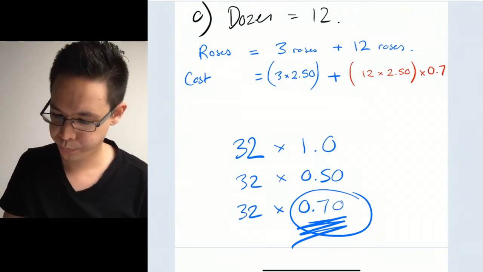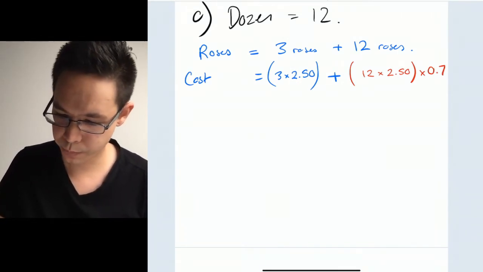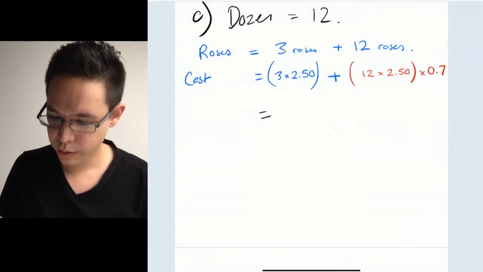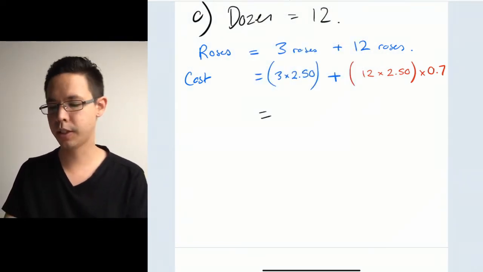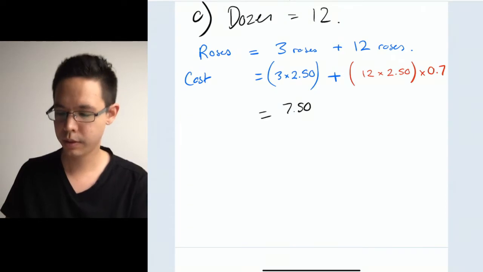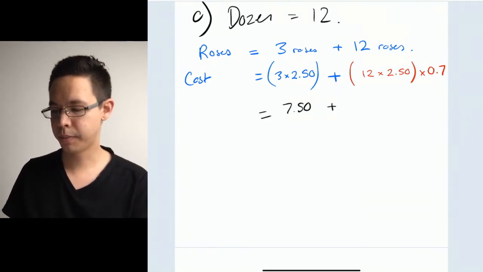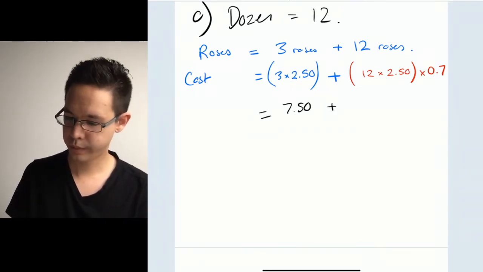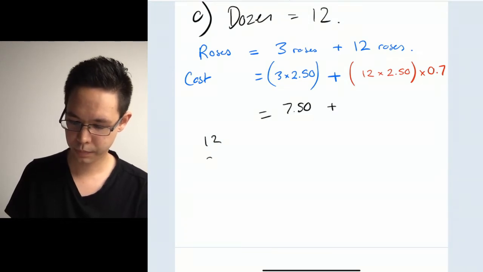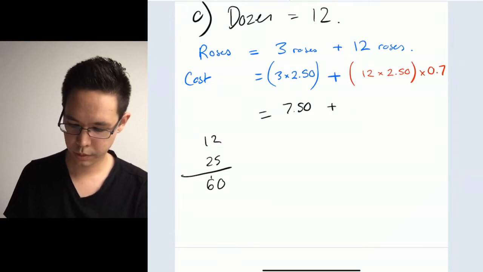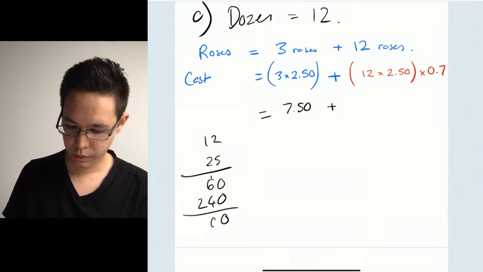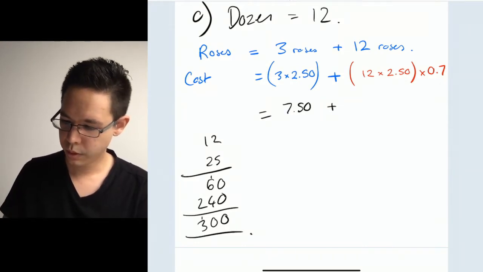Okay. I'm going to remove this. So 3 times $2.50, I'll get $5,750. 12 times... so I should get 300 times 0.7.